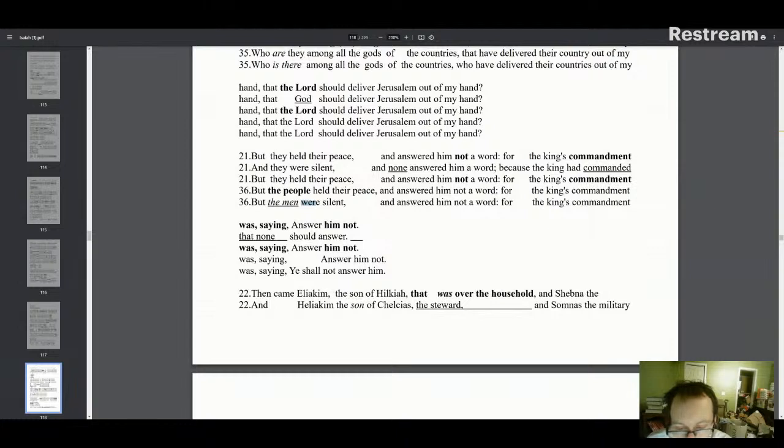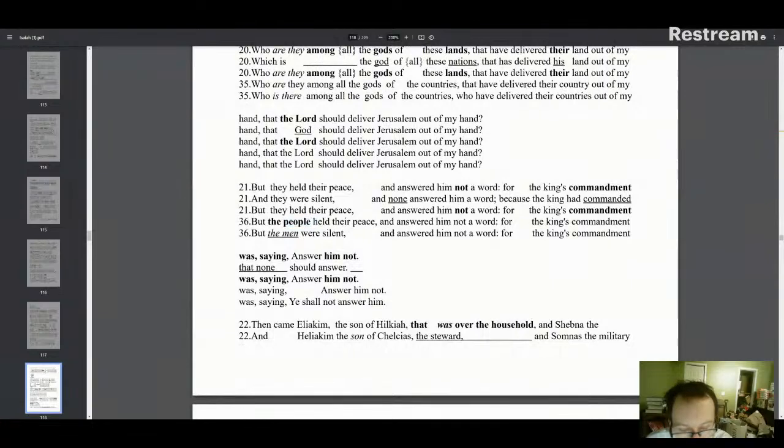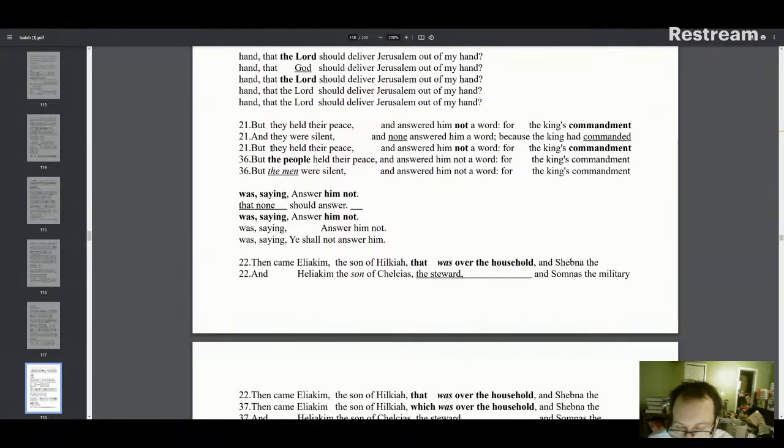All the other versions say they, but only the Masoretic of Second Kings says the people held their peace. So I'm inclined to they because it's a more ambiguous reading. And as I said, I prefer the pronouns over the nouns. So they is more likely to be the correct reading, and all the other versions agree.